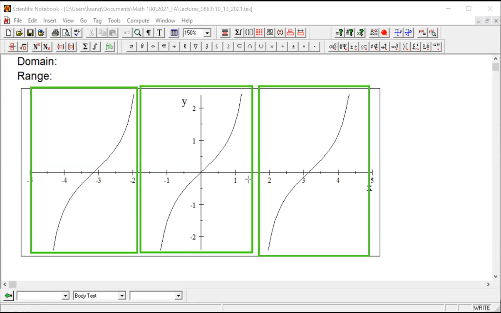So in order to create a function that's one-to-one, we just have to pick one of these slices, even though we have an infinite number of slices, in both directions. Which slice would be the simplest to pick?